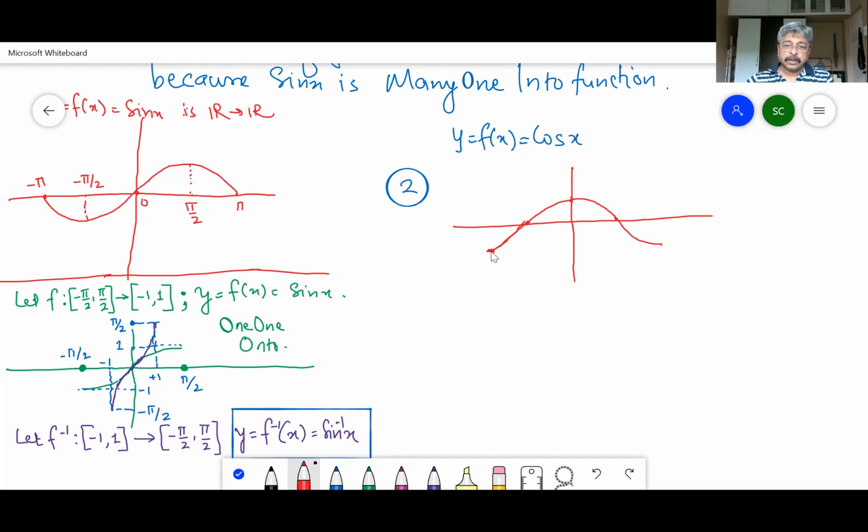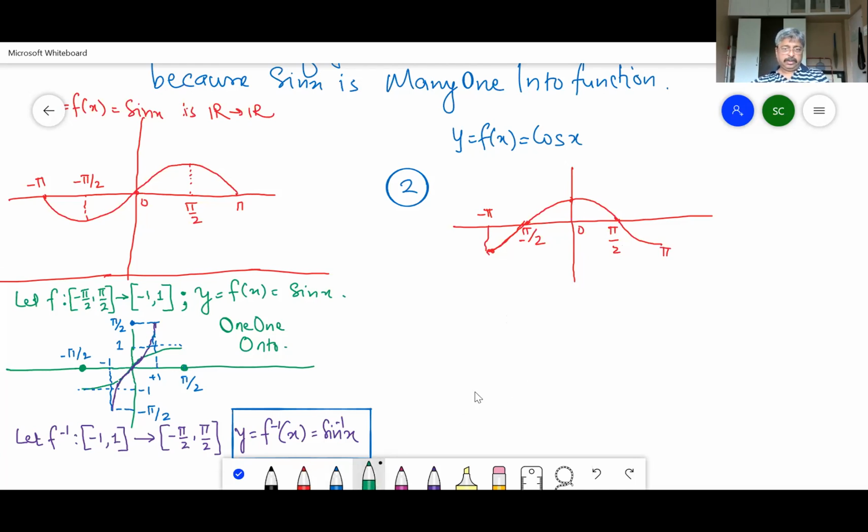Okay, so this is -π, -π/2, 0, π/2, π. Now we need to make a decision about from where to where we are supposed to consider the function so that it becomes one-one onto.